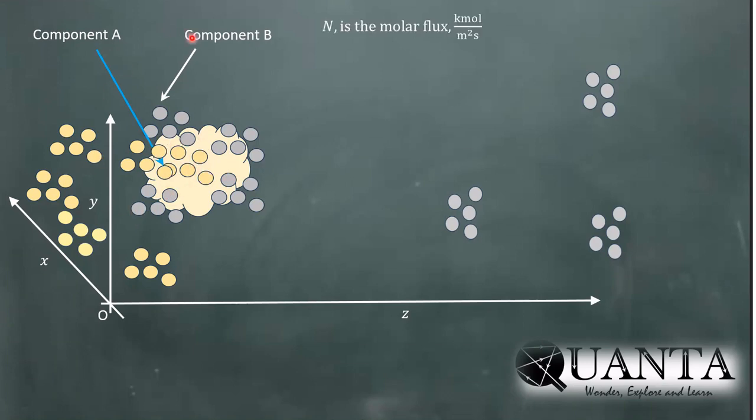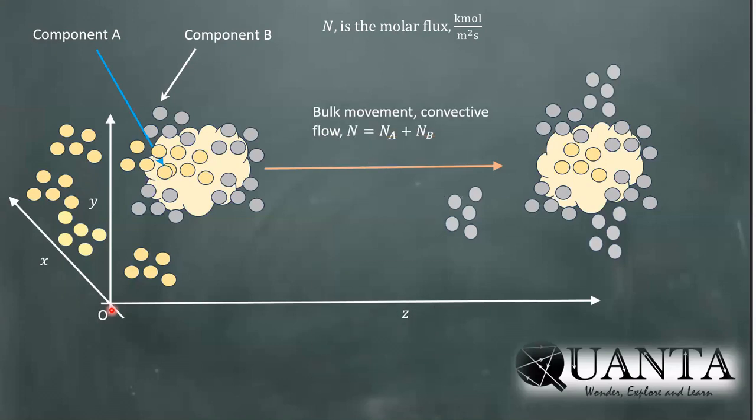We need to define an absolute molar flux. This absolute molar flux, measured in kilomole per meter square per second, is the molar flux observed by a stationary observer sitting at the origin. In bulk movement or convective flow, as shown, a portion of the fluid moves from one region to another.